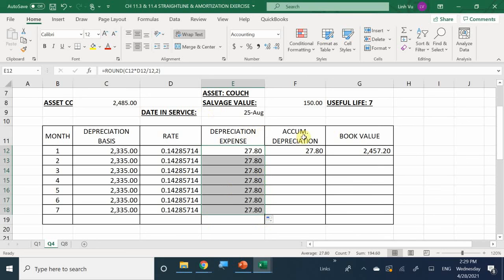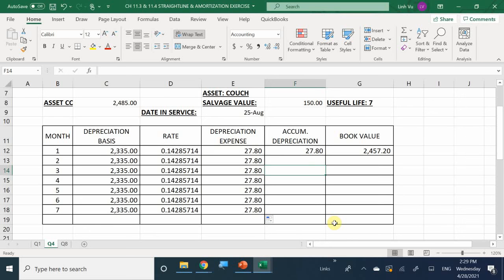You're going to depreciate it every single month, $27.80. So the only difference here is that now we just have to calculate our accumulated depreciation. So once again, this right here, it doesn't matter when I started, but make sure that you do have the total amount of months, because once again, we have to consider when did you place into service.